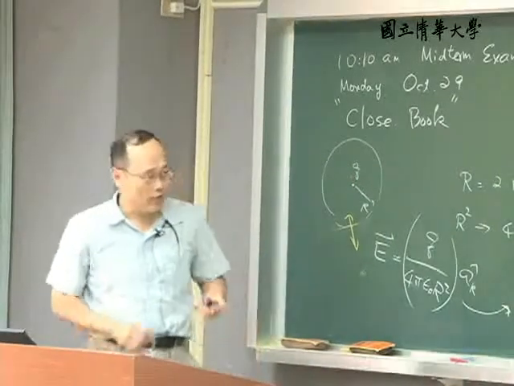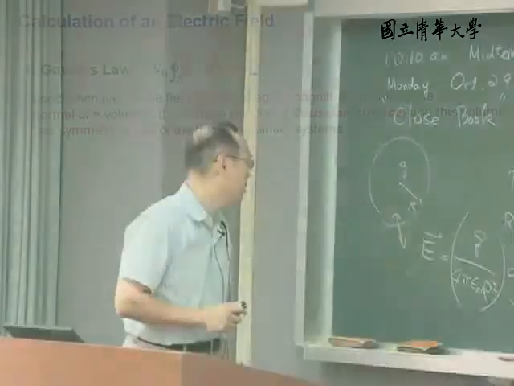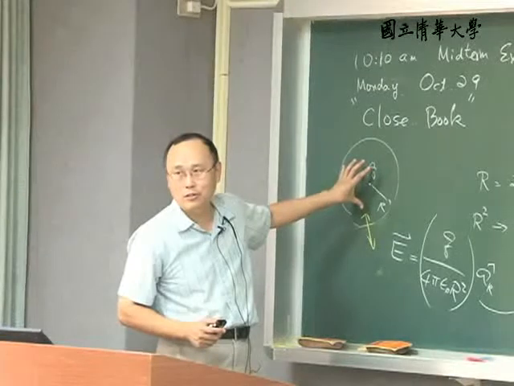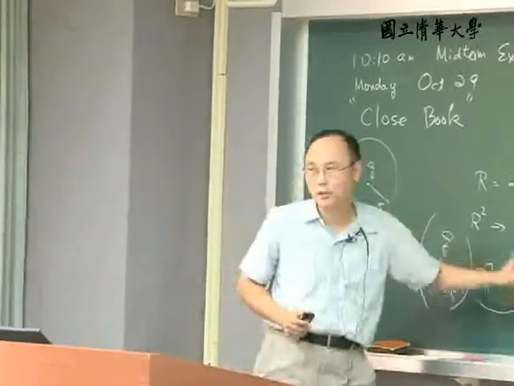So there's a rule to use Gauss' law for calculating the electric field. The rule is that all the field vectors of equal magnitude are along the surface normal of a volume. We know the electric field on the surface is equal at the constant r because of symmetry.